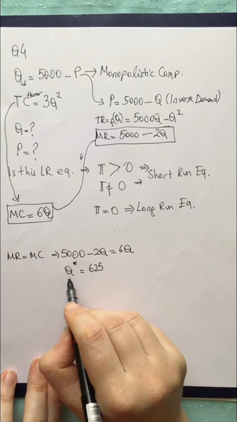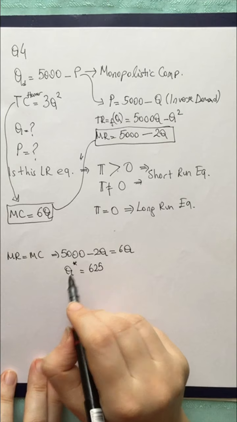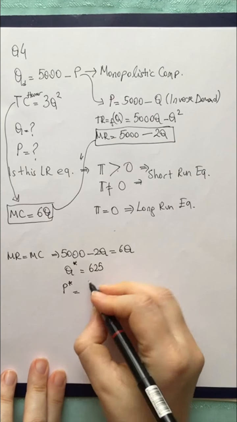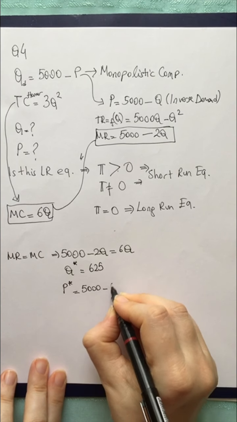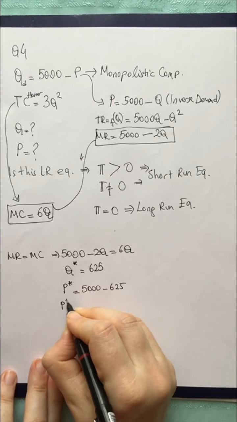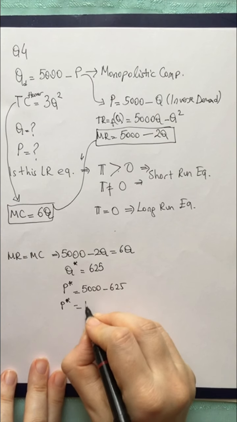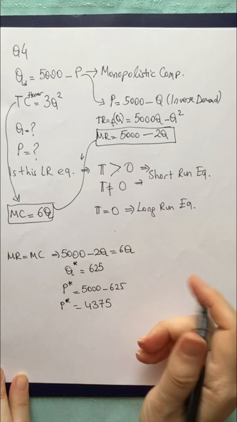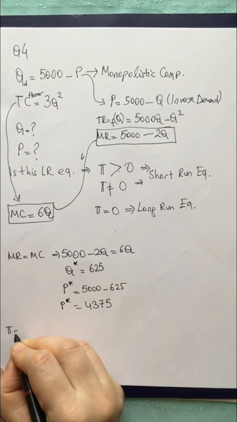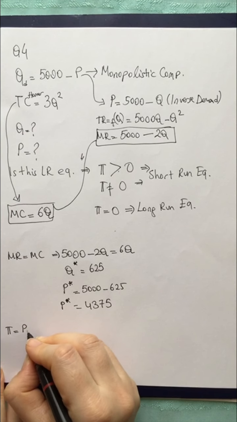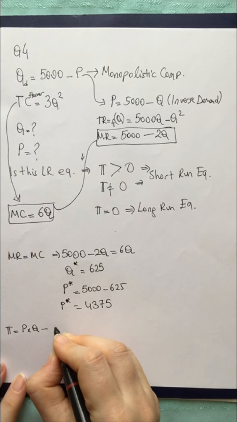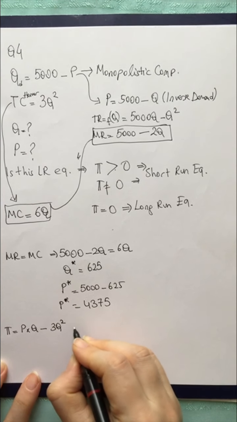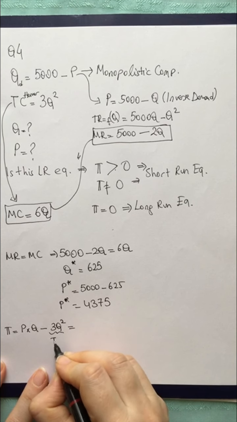By inserting that value into the inverse demand function, we get P equals 5,000 minus 625. The profit maximizing price is 4,375. So let's find the profit of the firm, which is price times quantity minus total cost, given as 3Q square in this question.